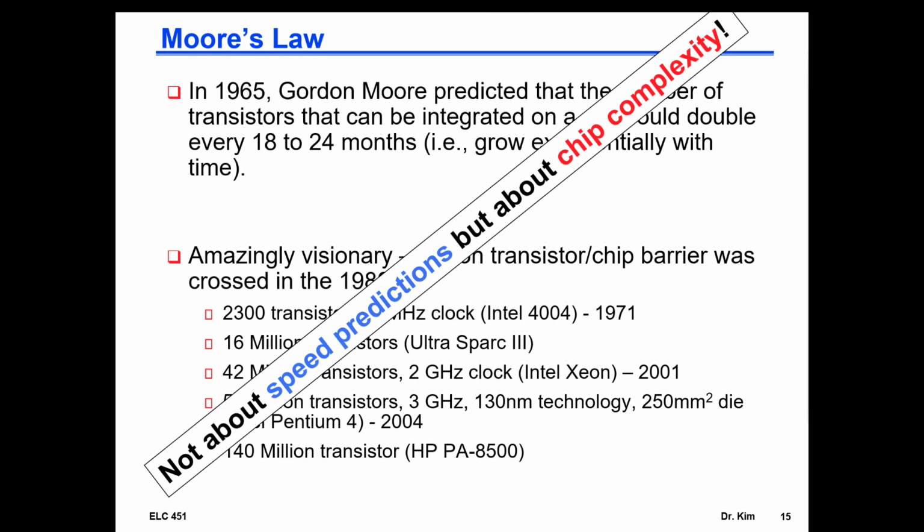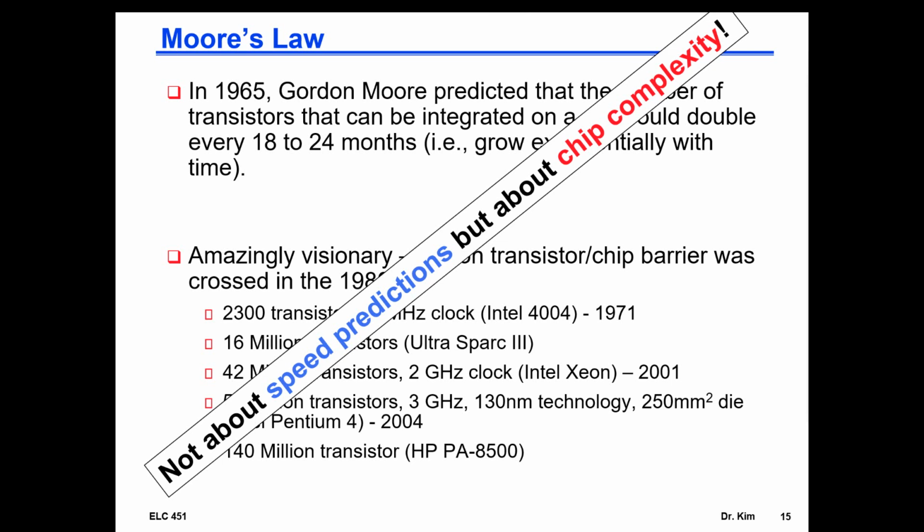However, it is correlated, because to put more transistors on a chip, you need to make them smaller. And once you make the transistors smaller, they get faster, because the gate is smaller, so the gate capacitance is smaller, and they can switch faster. So it is somewhat correlated.